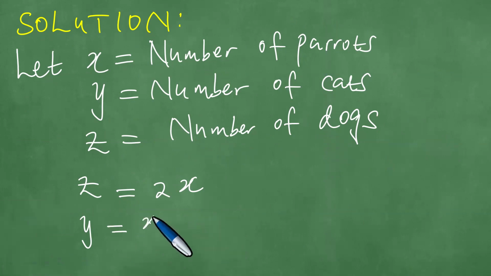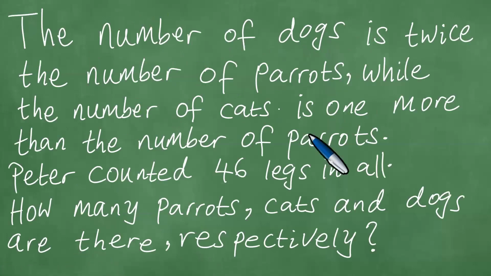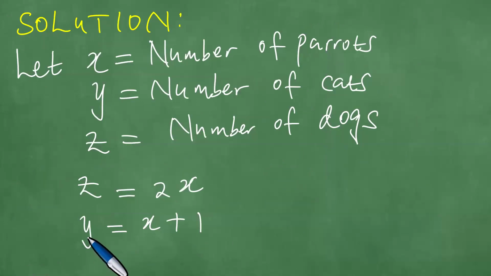Because the cats are larger in number, the parrots are smaller in number, and therefore to effect an equality, we put a 1 on the side of the number of parrots.